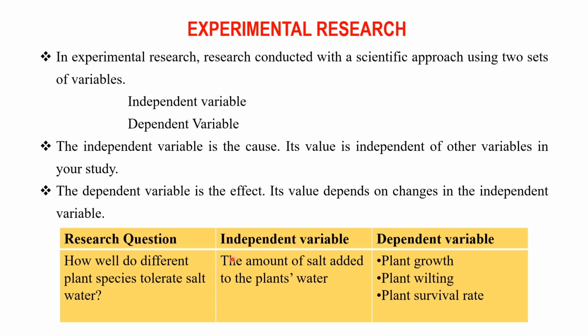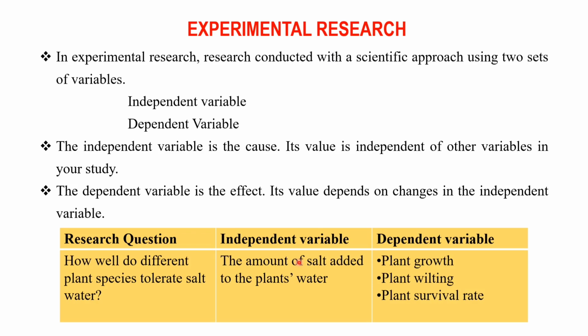If you change the independent variable value and add more salt, then plant growth will decrease, plant wilting will increase, and the plant survival rate will also decrease.